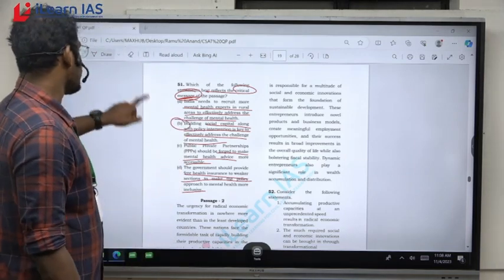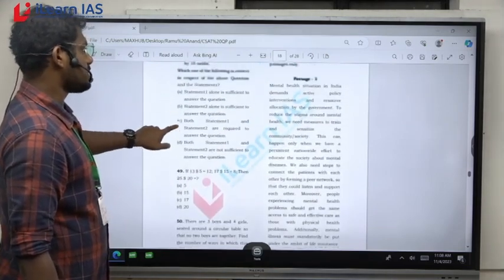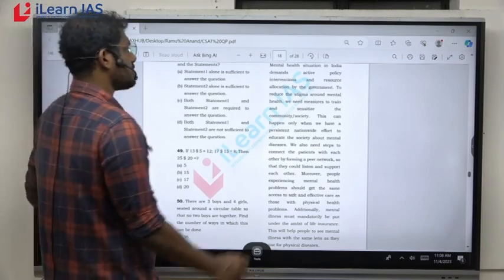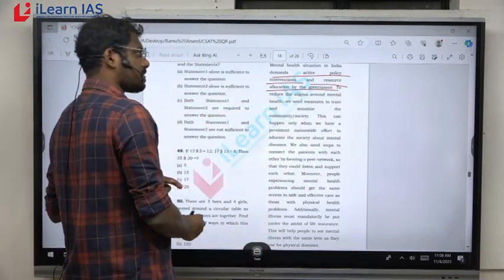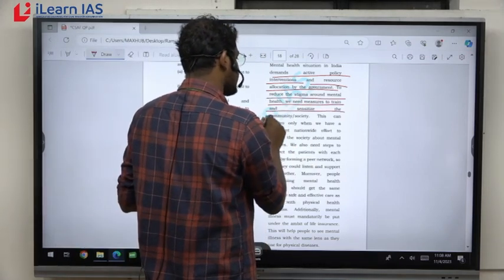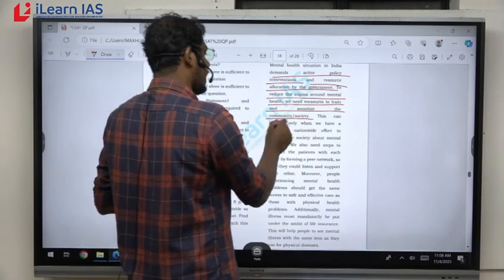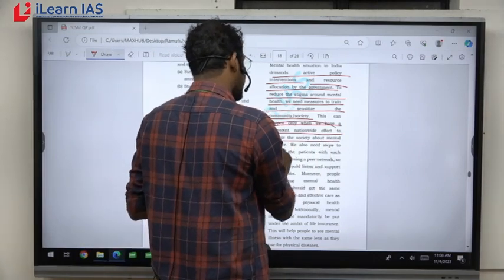Okay, anyway, to avoid the confusion, let's read the passage. Mental health situation in India demands active policy interventions and resource allocation by the government. Clear? To reduce the stigma around mental health, we need measures to train and sensitize the community and society. This can happen only when we have persistent nationwide effort to educate the society about mental disease.